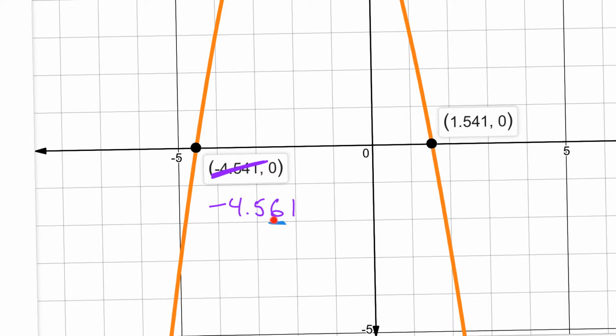So when you have this number next to the one you want to round, if it's 5 or higher, you're going to round this up. So this number here is going to round to approximately negative 4.6 because this 5 goes up 1, which is 6. So keep that in mind when you round to the nearest tenth in a decimal.